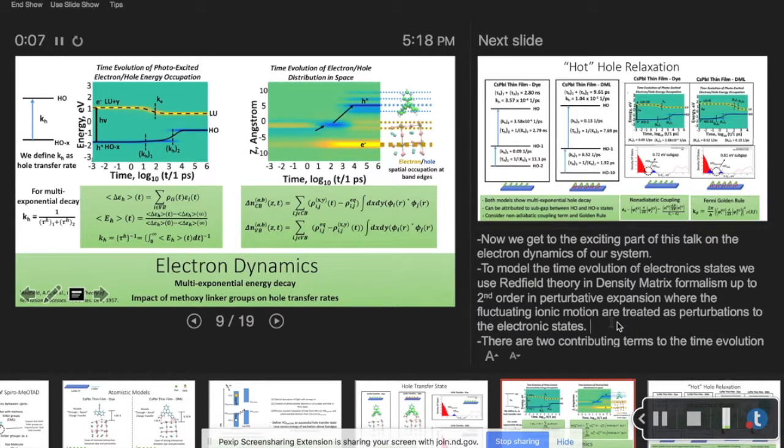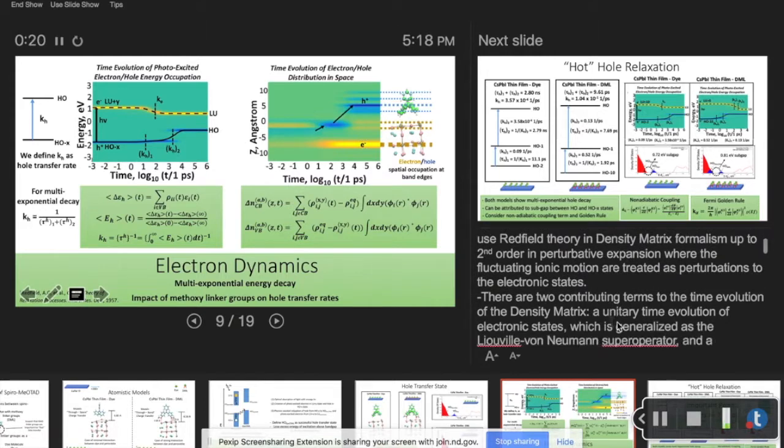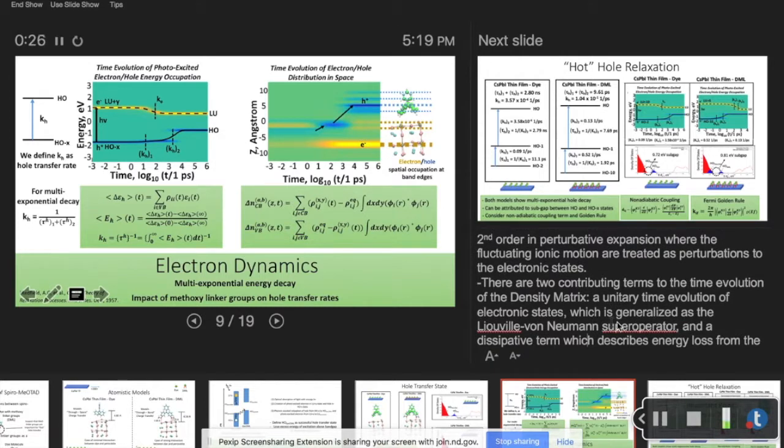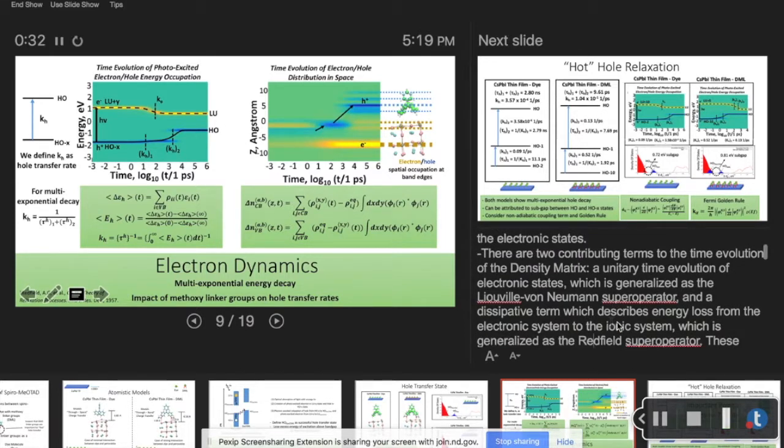Okay, so then, second order. There are two terms that contribute to the time evolution of the density matrix. The first term would be the unitary time evolution of the electronic states, which is generalized as the Liouville-von Neumann superoperator. And the second term is a dissipative term, which describes the energy loss from the electronic system to the heat bath, which is generalized as the Redfield superoperator.